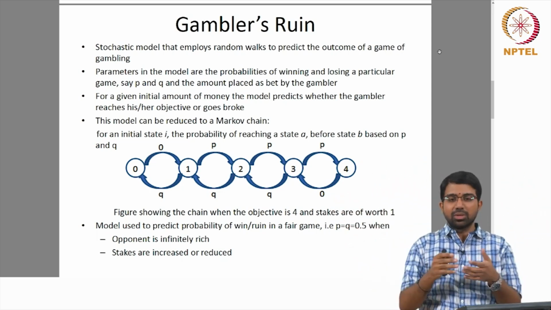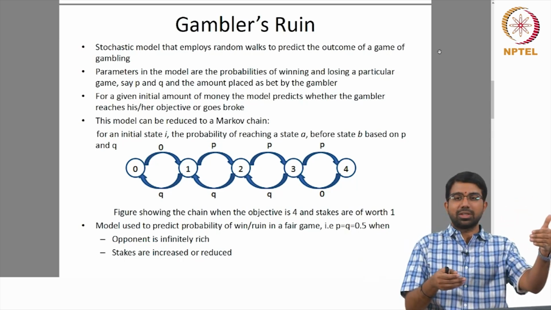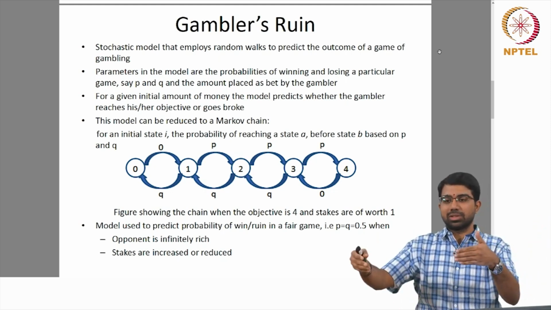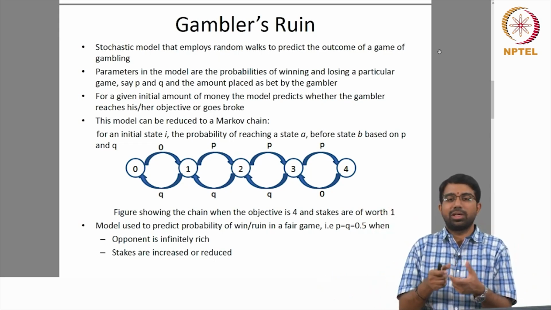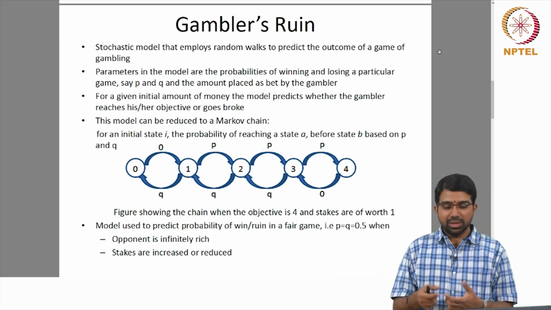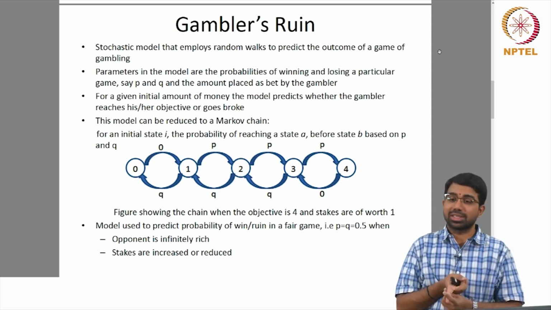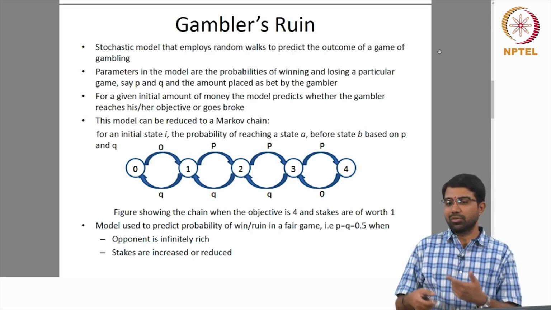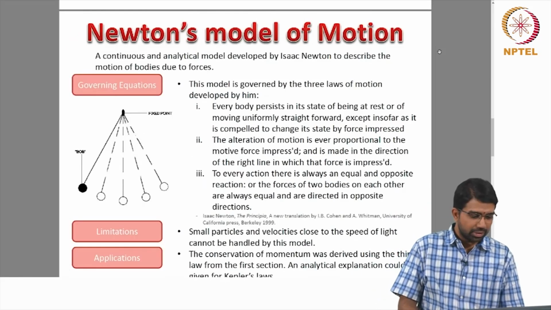Say player 1 wins a point with probability P and player 2 wins with probability 1 minus P. You can set up equations and derive the probability of player 1 winning the match. That would be a stochastic model, because each time you run it you will get a different set of results.